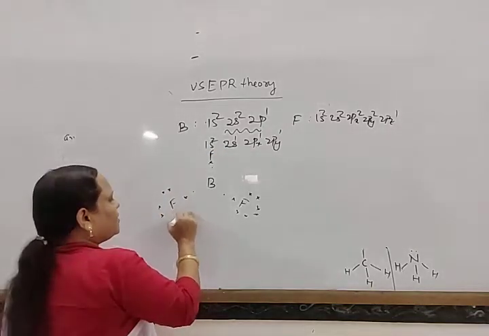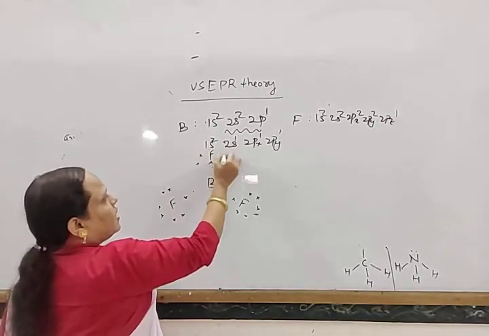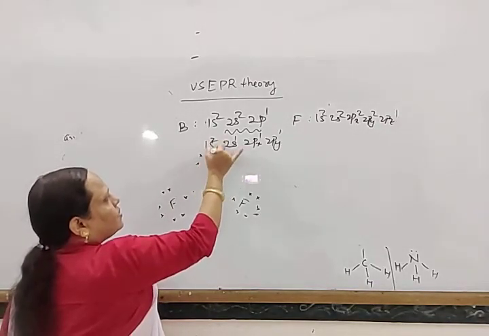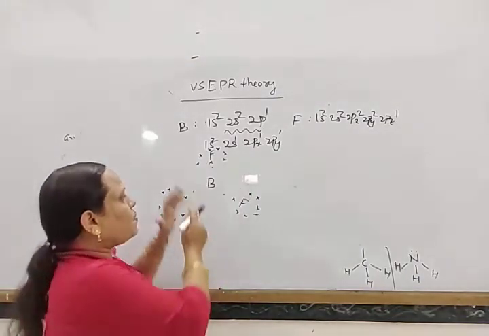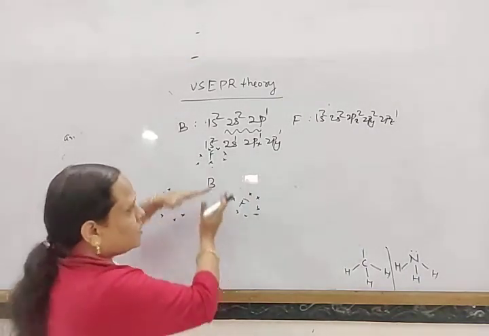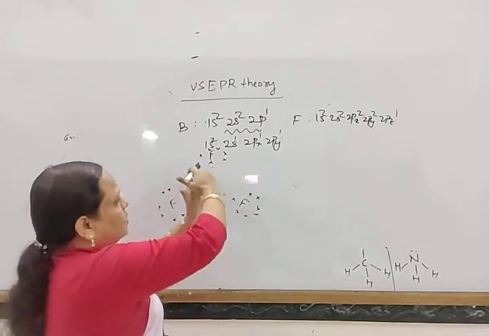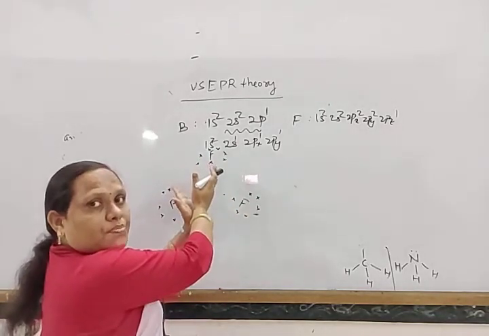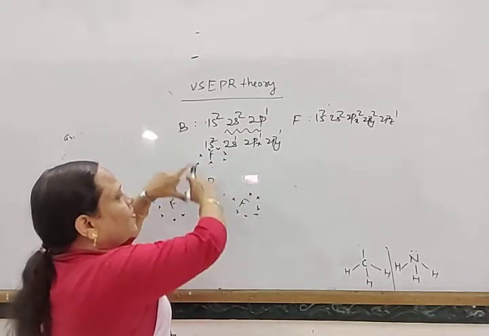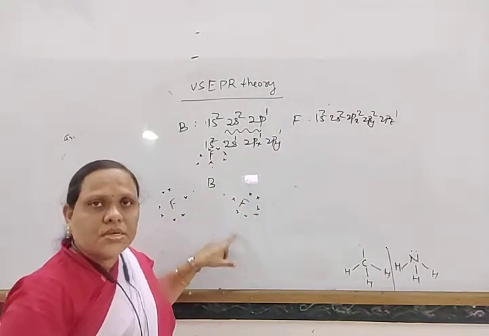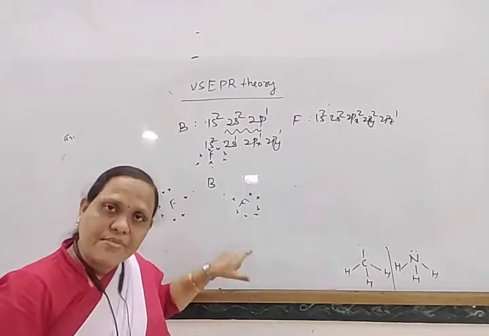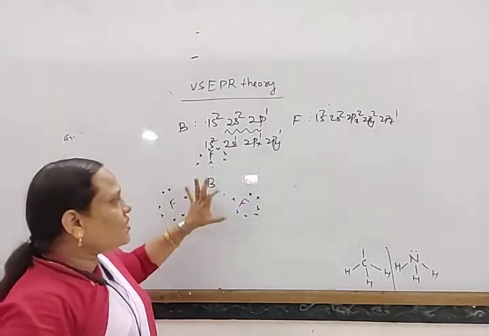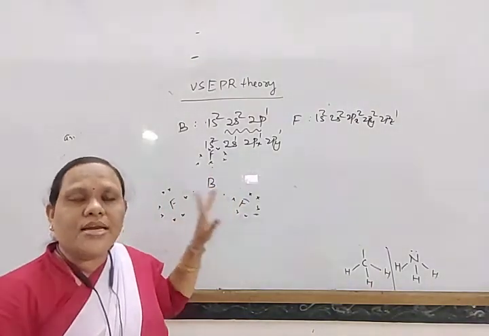The force of repulsion among the bond pairs is the same in all cases. In this way, it has a regular geometry.